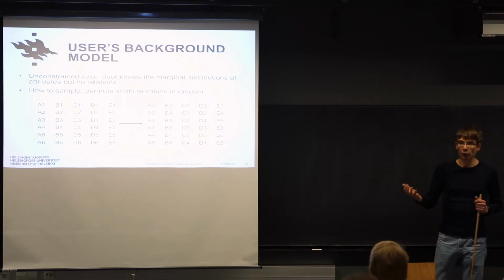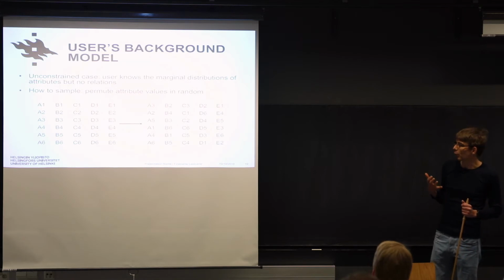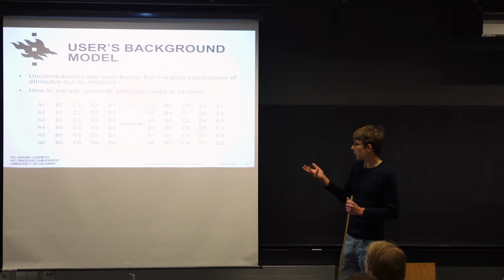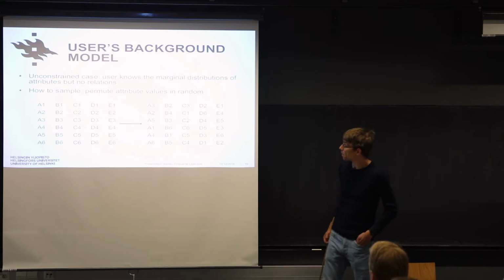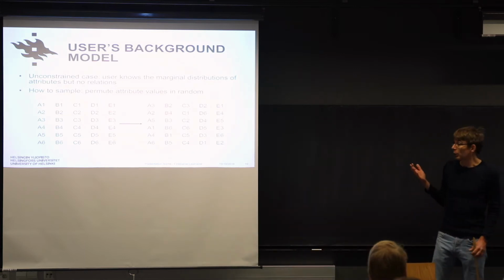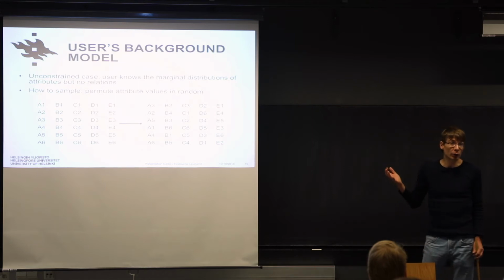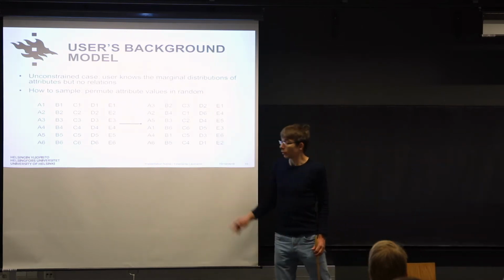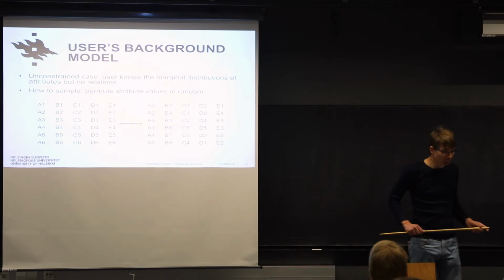When I'm talking about getting a random sample, a random data set, or having a distribution, I basically use them interchangeably. The claim now is that this models the user's knowledge of the data when the user doesn't know anything about the inter-attribute relations whatsoever.